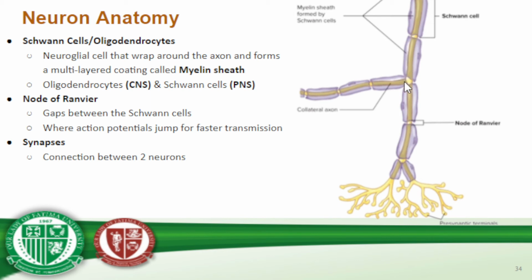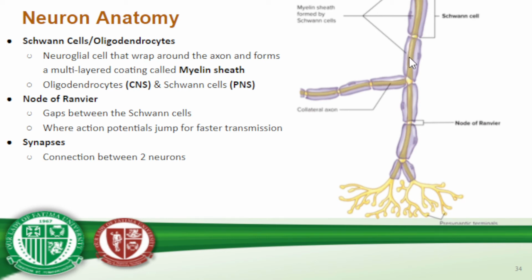Kailangan niyang mag-drive pababa para maabot niya yung mga axon terminals natin. Axon terminals. But if there is a myelin sheath surrounding the axon, yung information, imbis na bumiyahe pababa, it will jump from one node of Ranvier to another.